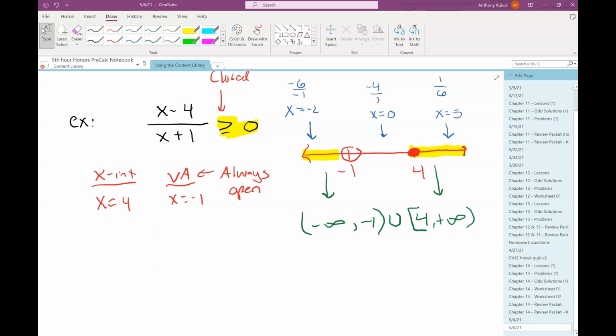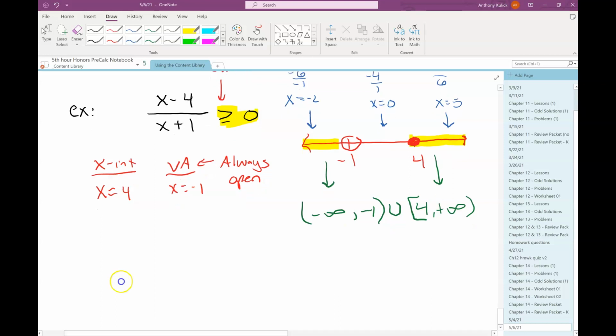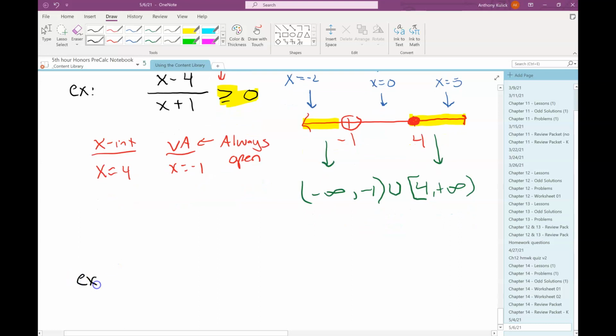Last example coming up. So here we have square root of x plus 4 over the absolute value of x minus 1.